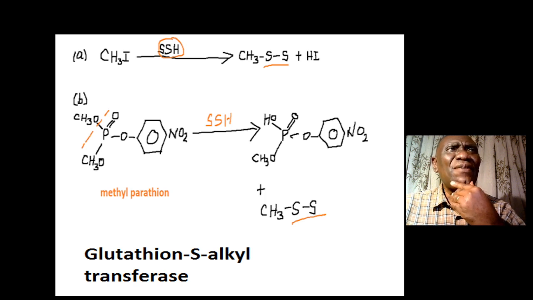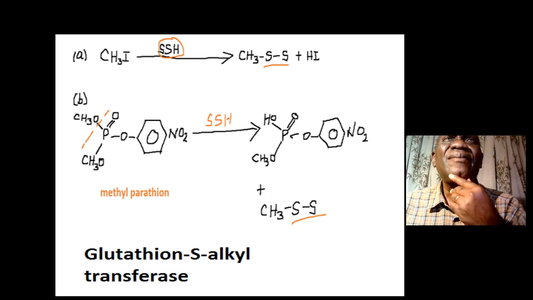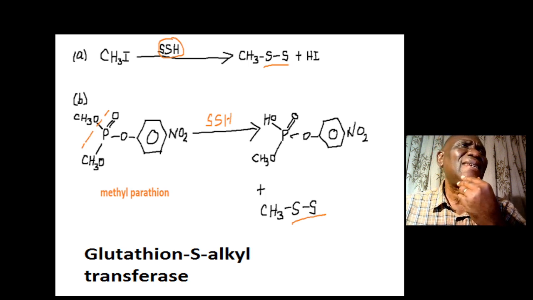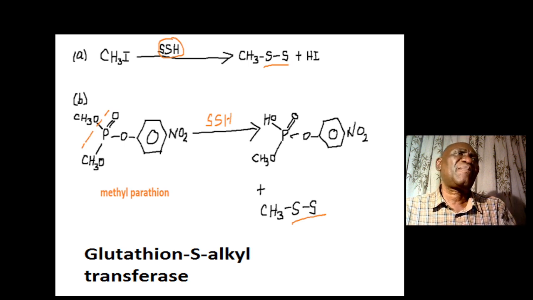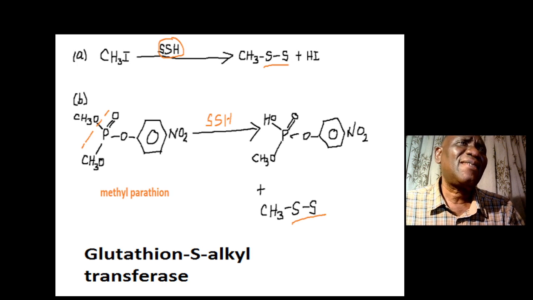Or you can have, although there's a potential to, in methyl parathion, a potential to cut this molecule here, but we can also split it from this end and form methyl attached to the SG. And this may involve glutathione as alkyl transferase.